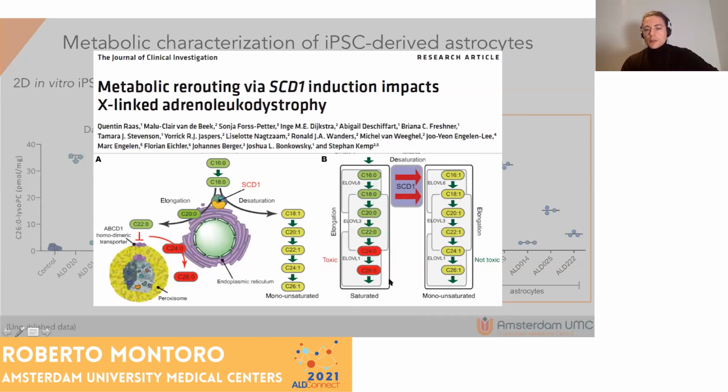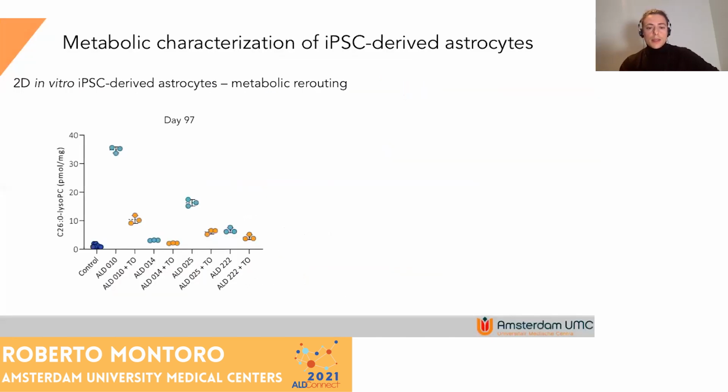Saturated fatty acids are toxic, and these are the ones that accumulate in ALD, while monounsaturated ones have been shown not to be toxic. So through a drug that increases the expression of this enzyme, they see this shift, and therefore a reduction in the free saturated fatty acids. And we wanted to test that in our in vitro model.